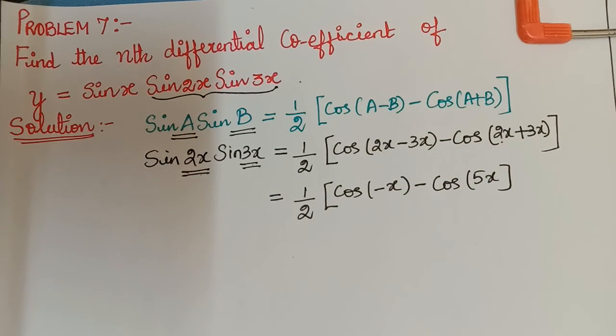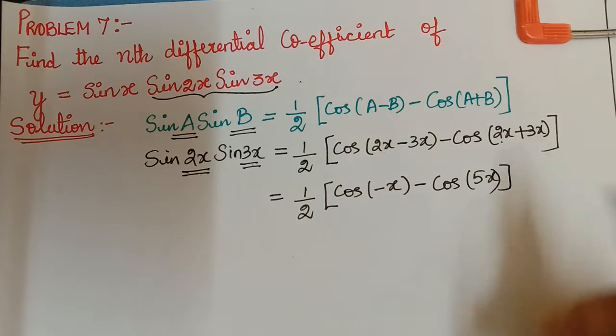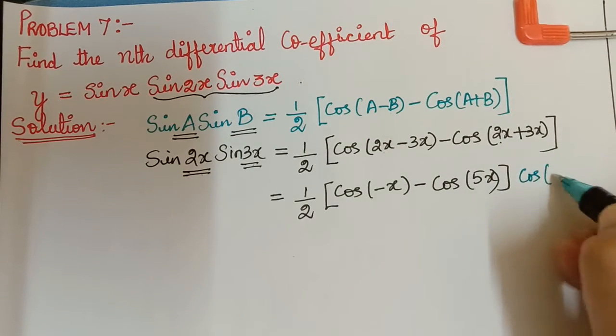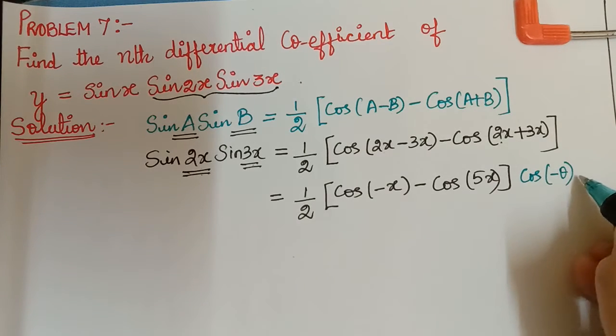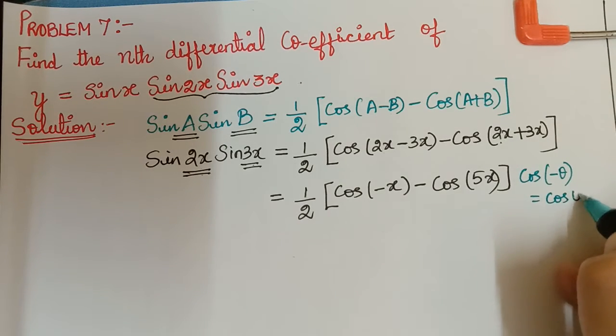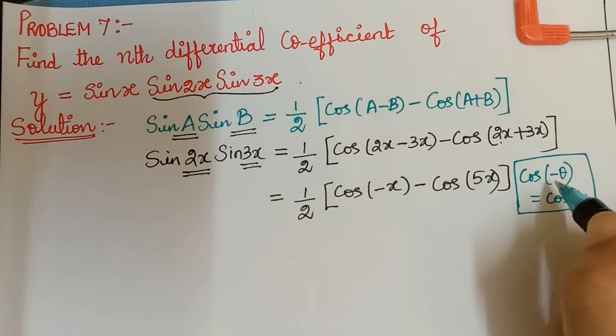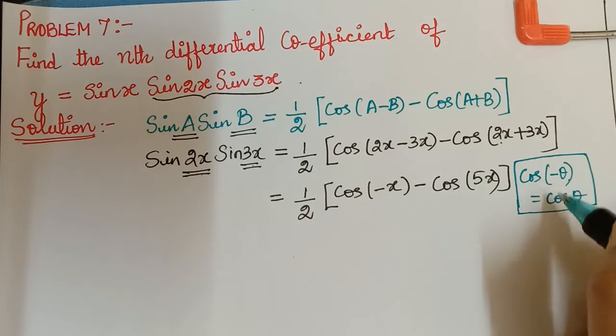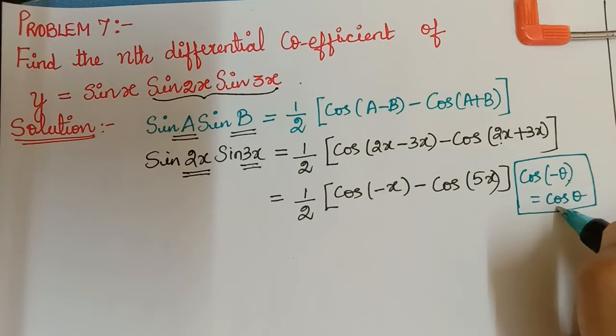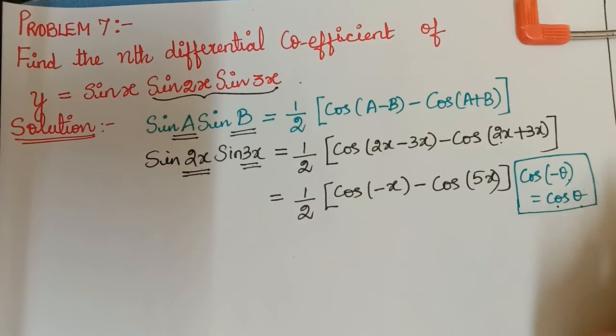We know that cos of minus theta is equal to cos theta, by a trigonometric formula. So cos of any negative angle will be equal to cos of that angle.